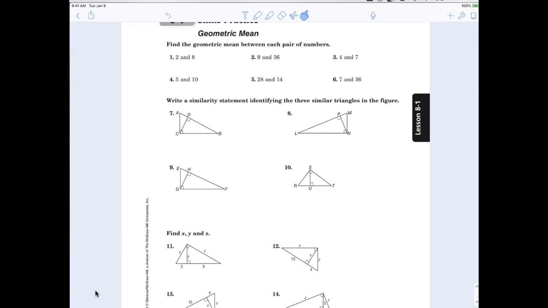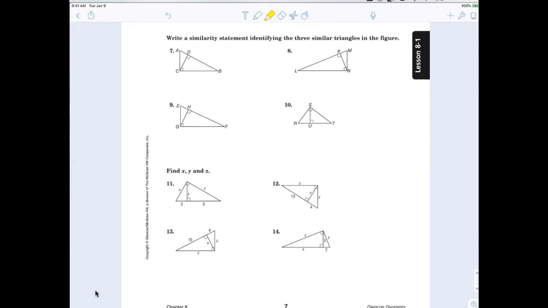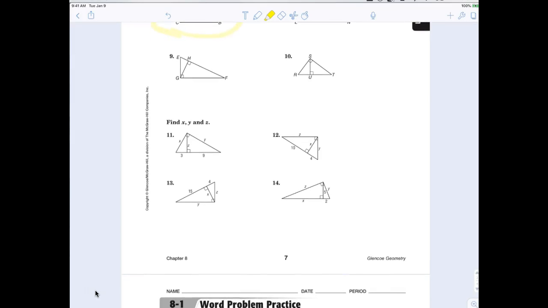So listen, what we're doing is only questions 1, 2, and 3, because one of them is not a perfect square. And then all you have to do is write the similarity statement for question number 7. And then all you have to do is the ones that are important. If you can do 11, 12, 13, 14, then you understand the math. Everybody with me?